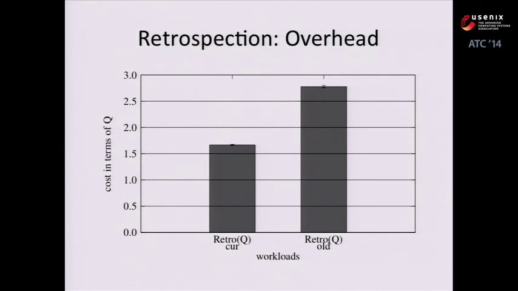The CPU overhead is somewhat high. We did a conservative experiment measuring CPU overhead, where we did random queries in a completely in-memory database. Both the retrospection query was completely in memory, and a random database query that was completely in memory.